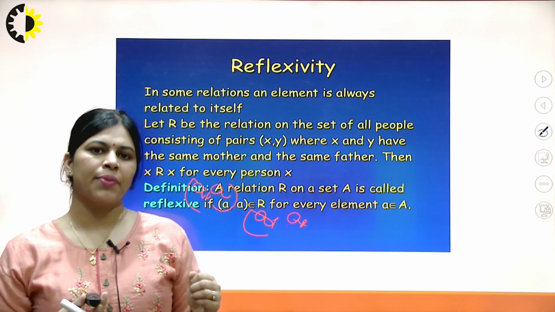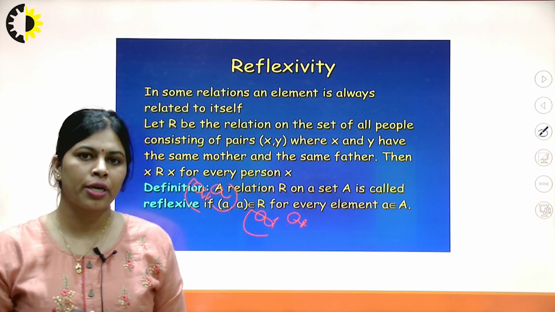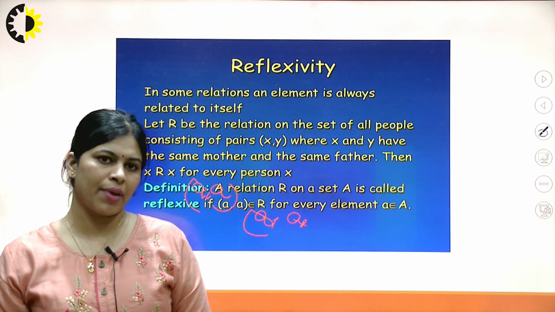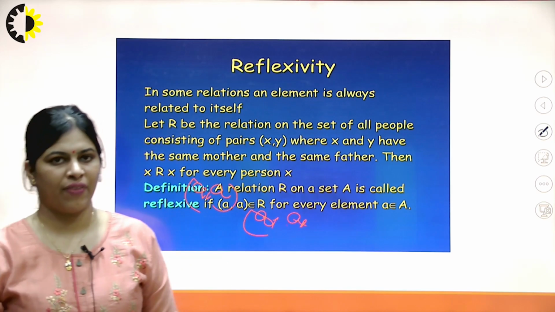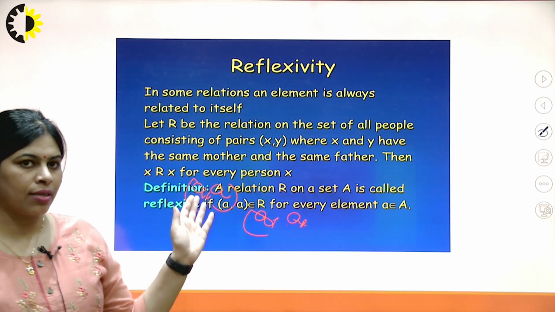So any element which can make an ordered pair with itself, the same element in an ordered pair, the property is called reflexivity. Okay, you can read the definition.